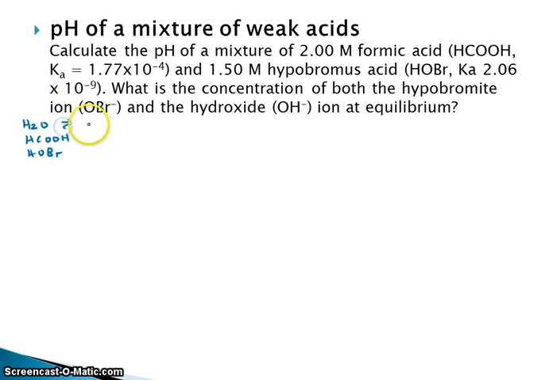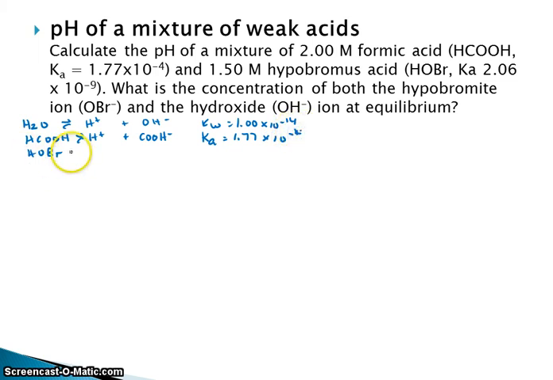We've got water, going to be in equilibrium with hydrogen ions and hydroxide ions. And we know our Kw is 1.00 times 10 to the minus 14. Our formic acid will dissociate into hydrogen ions and formate ions, and our Ka is 1.77 times 10 to the minus 4.